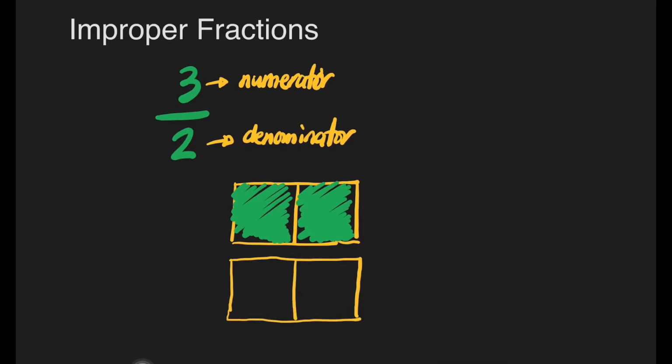We shade this one because we have to shade 3. Okay, this is 3 halves. The whole is divided into 2 and the shaded parts are 3 parts.